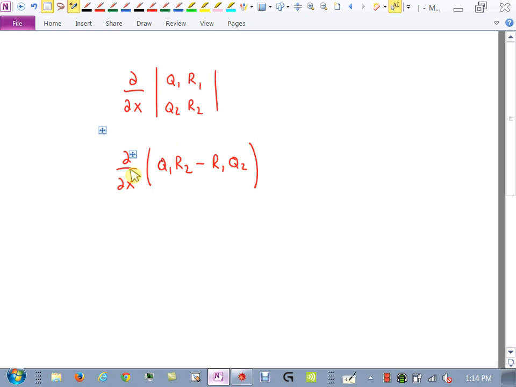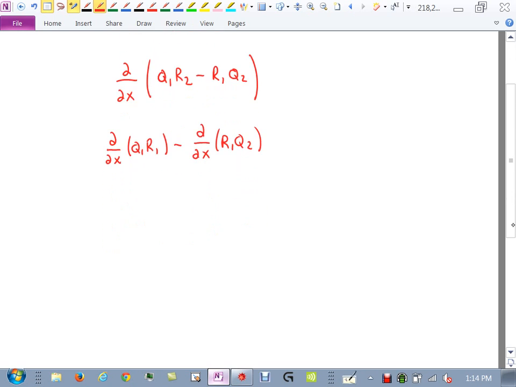Now, when you take the partial of this, the partial is a derivative. You're doing the derivative of a subtraction, so you do the derivative of the first one minus the derivative of the second one. Y'all still there? Now here, what do we have?